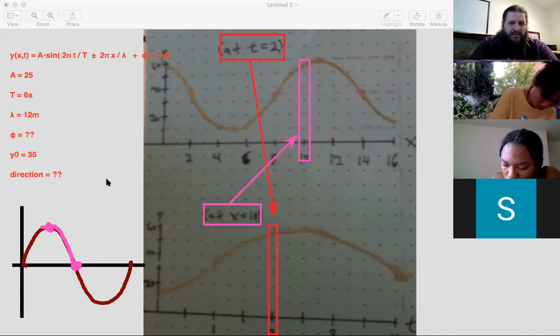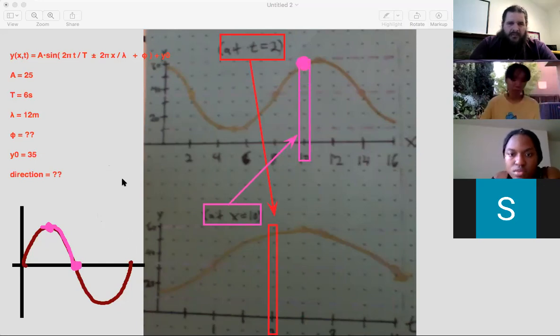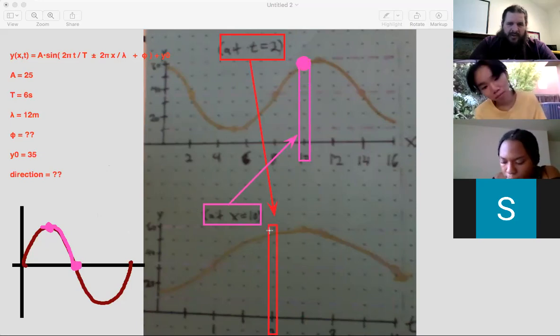So if we take a look at those 2 points, this point and this point, those 2 points represent the same information, just drawn in different ways.